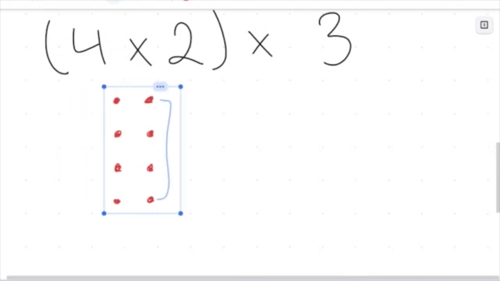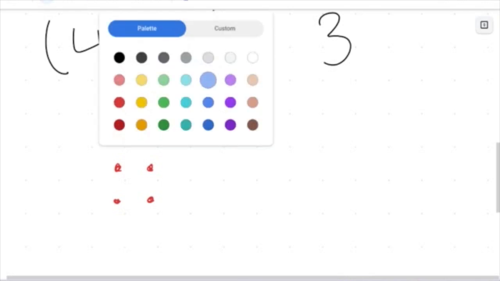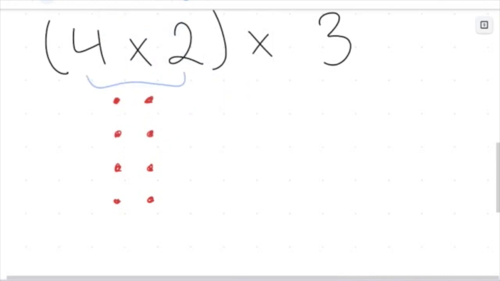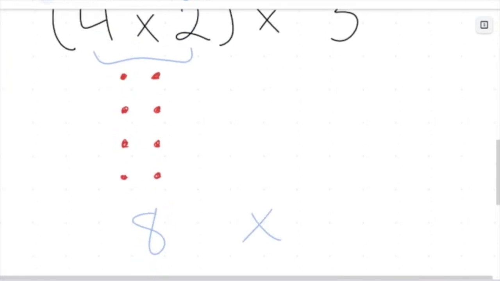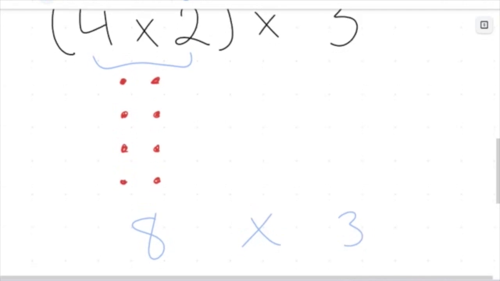So I have my 4 groups of 2. So my 4 lots of 2 here, I've done this multiplication first. So that gives me 8. This gives me 8. And then timesing by 3, that means that I'm taking 3 lots of my 8 that I already have.